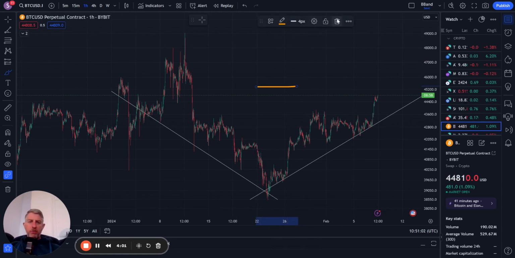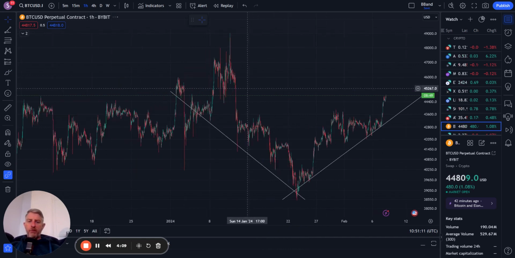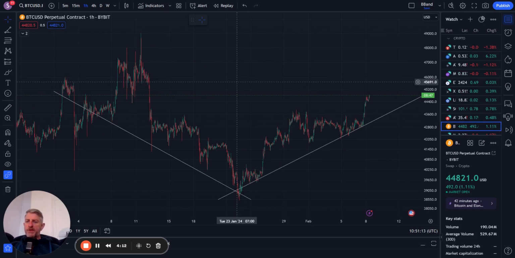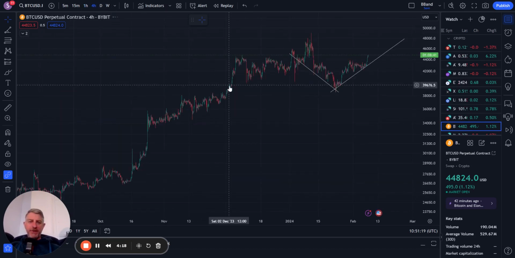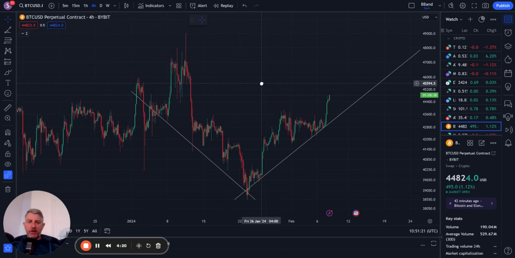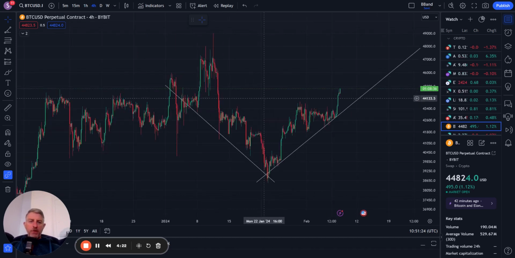Now let's just presume it doesn't do that and it marches on up. That is a presumption, and I would like it to pull back first, but let's just pretend that it doesn't. Let's come back to this 4-hour chart. It's easier to see.